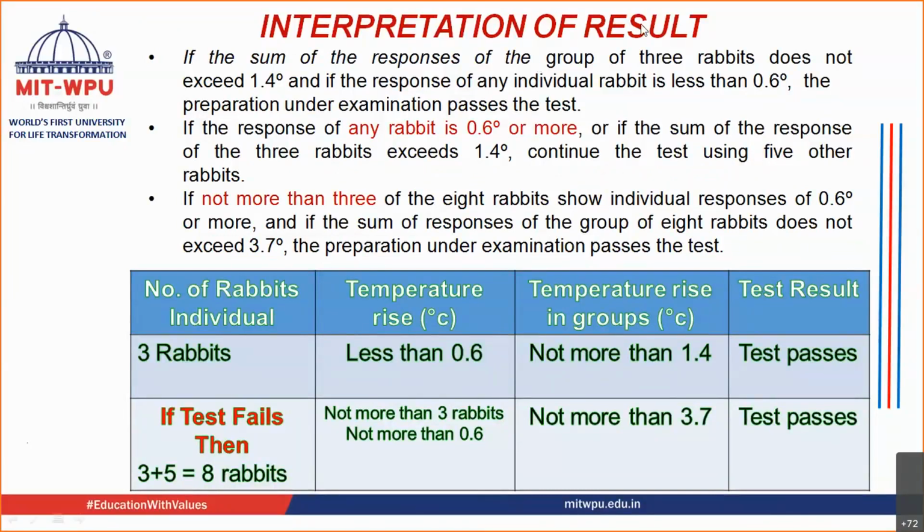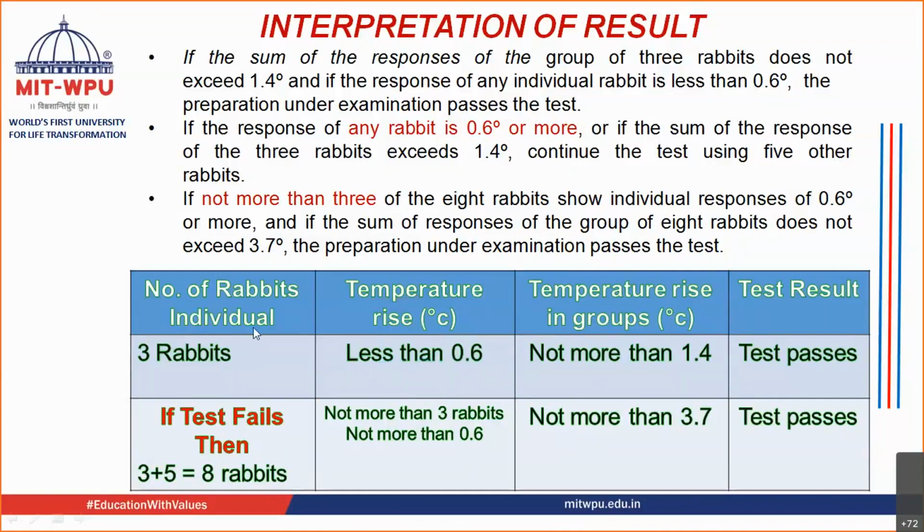If the temperature rise in these 3 rabbits is less than 0.6 degrees Celsius in each of the rabbits, so first rabbit the increase was 0.2, in the second rabbit the increase was 0.4, and the third rabbit the increase was 0.3, right? So it is less than 0.6. If that is the case, then your test passes.